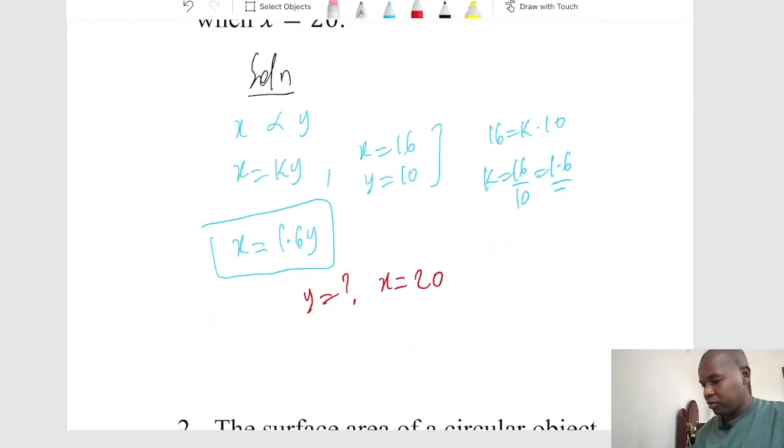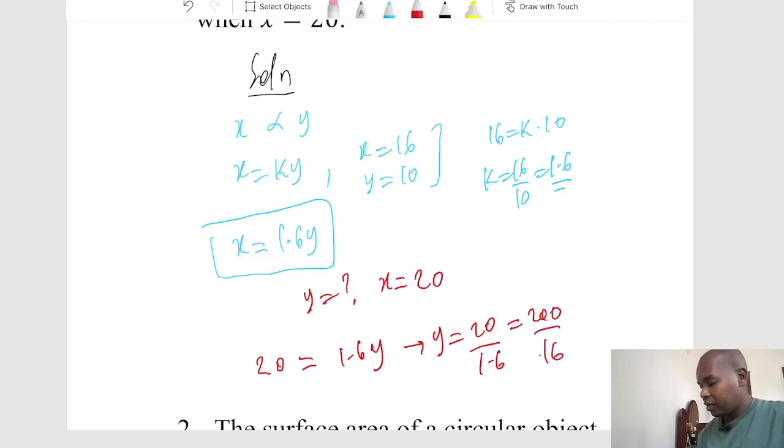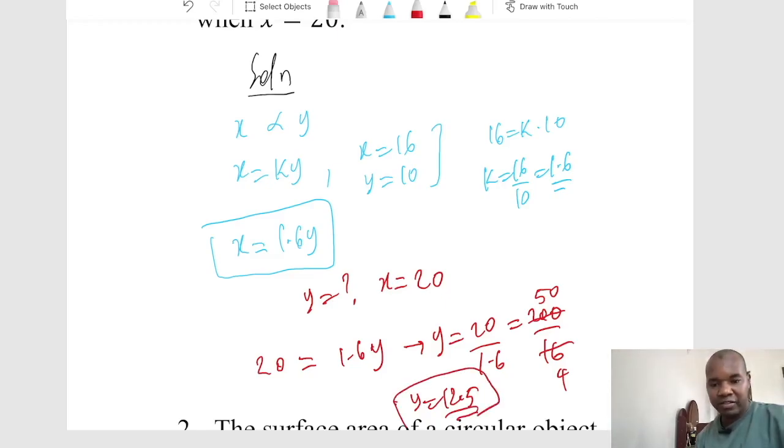You're going to put in the details: 20 equals 1.6 times y. So y will be 20 over 1.6, which is equivalent to 200 over 16. By 4 here will be 4, by 4 here will be 50. And again, you get y equals 12.5. So the value of y is 12.5.